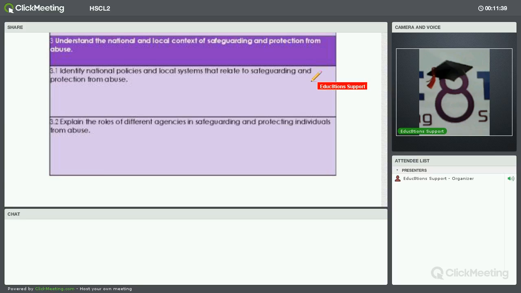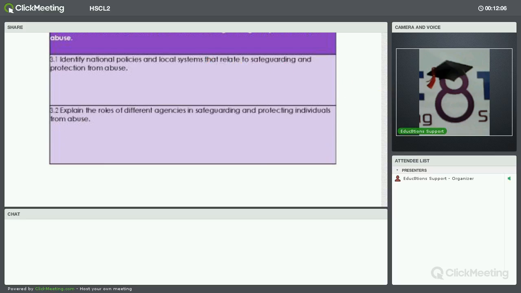We need to identify national policies, which is obviously health and social care in England, and find out what the policies are that relate to safeguarding and protection from abuse. And then local systems, so you're looking at your own organisation, what policies are in place there that relate to safeguarding and protection from abuse. So this is a two-part answer, don't forget it.